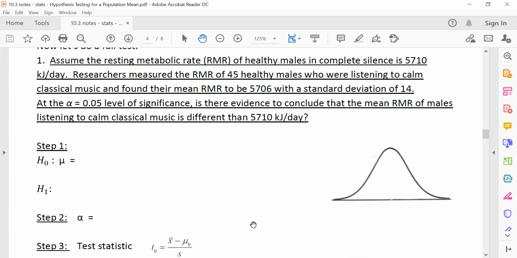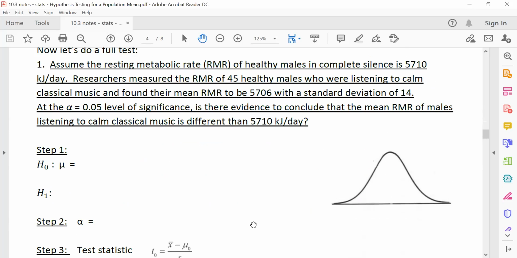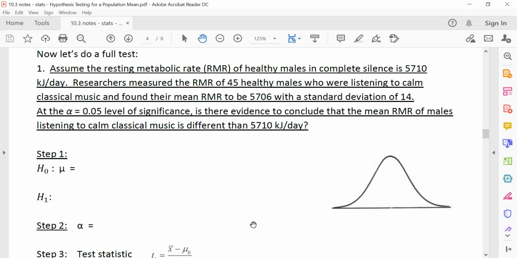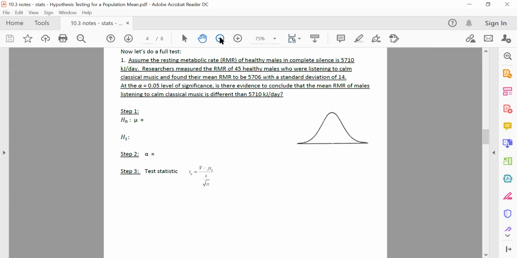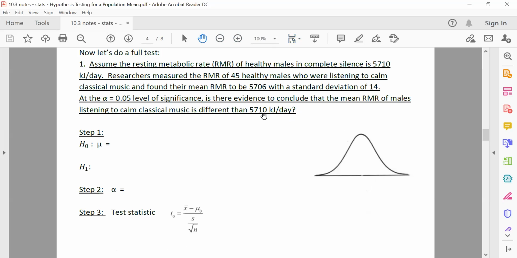So let's do a whole test together. Assume that the resting metabolic rate of healthy males is 5710 kilojoules per day.